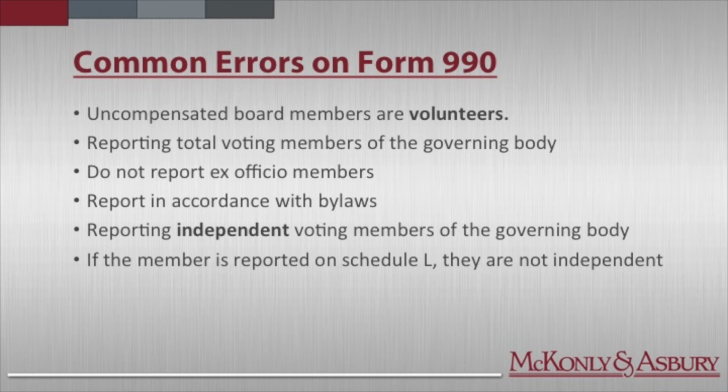They're providing professional services, a contract consulting agreement with a board member, and they report on Schedule L. They no longer are an independent voting member of your governing body. So keep those things in mind. Next slide.